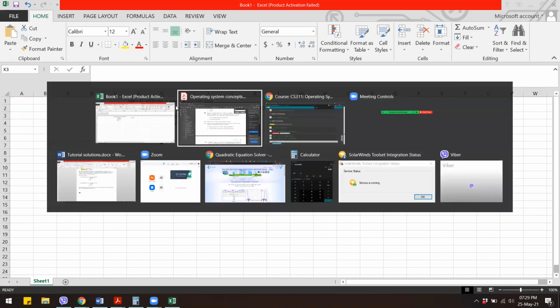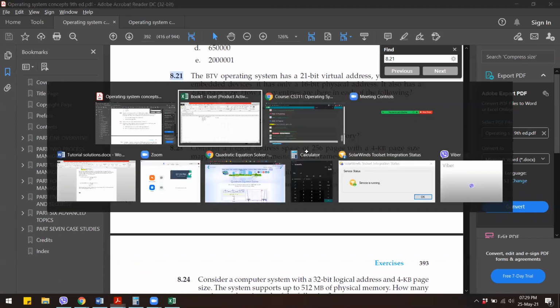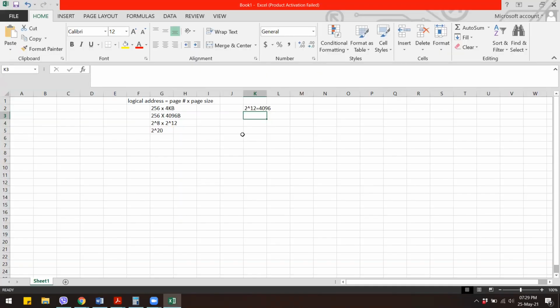And there are 256 pages, so we need 8 bits to represent 256, since 2 power 8 is equal to 256. If we add up the number of bits, we have 12 plus 8, that is 20, right? We get the same answer. It is the same method, but different working. So in the logical address space, there are 20 bits.